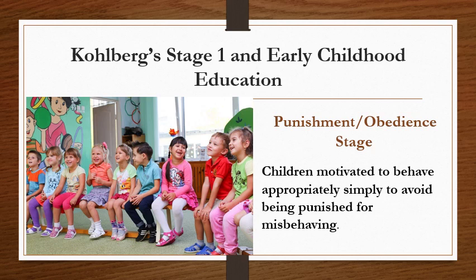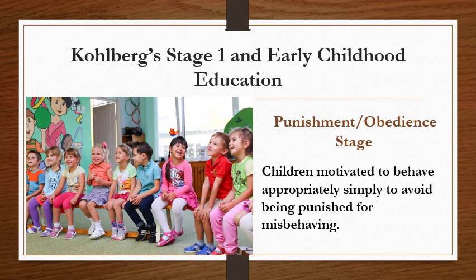So let's examine the first stage as it pertains to education. Kohlberg stage 1 and early childhood education. Most preschool and some kindergarten students are still in the first stage of moral development. According to Kohlberg's theory, in this stage it is important to begin to lay the groundwork to encourage moral behaviors.